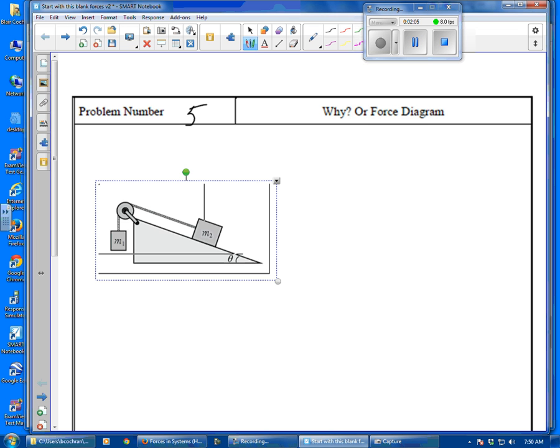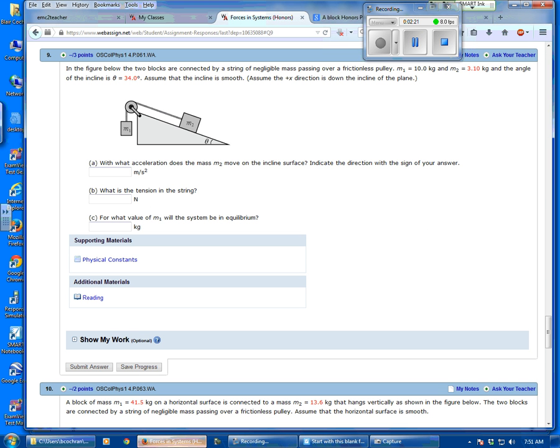All right, so I've got my system there, and then draw the box here, and then the other box here. Let's see what they give me for inertias. M1 is 10 kilograms.